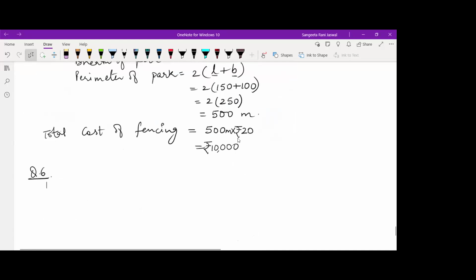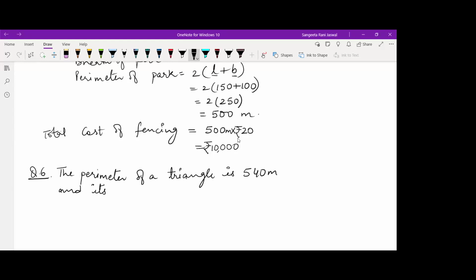Let's take a ratio one. Please write down: the perimeter of a triangle is 540 meters and its sides are in the ratio 25 is to 17 is to 12.